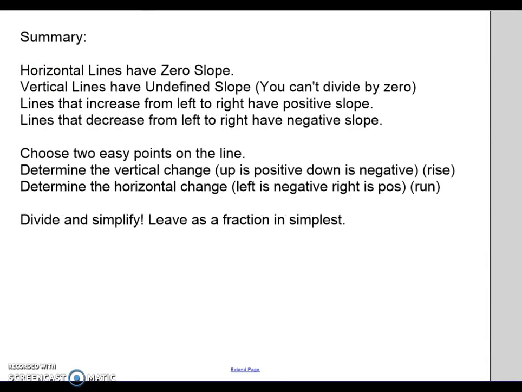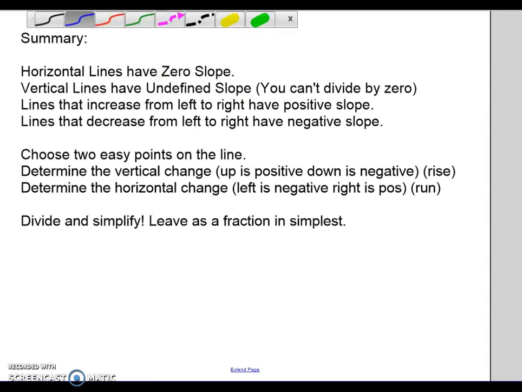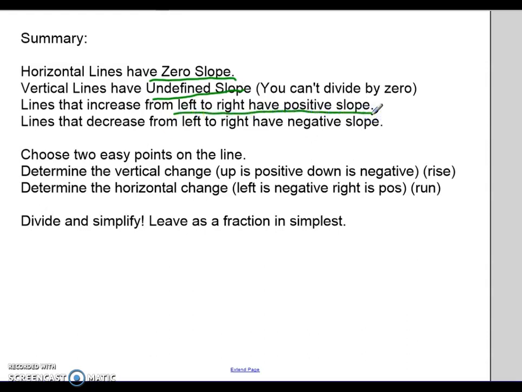And now to summarize, we have horizontal lines have 0 slopes. You can write this down in your notes. Vertical lines have undefined slope because you can't divide by 0. Lines that increase from left to right have positive slope. Lines that decrease from left to right have a negative slope.